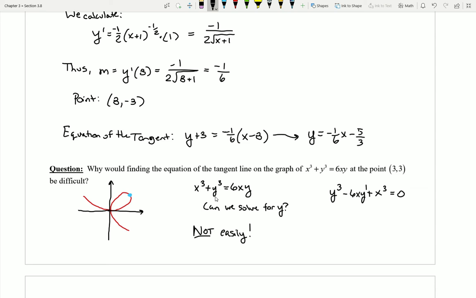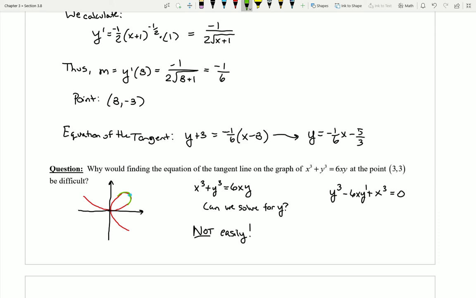And there may even exist other sorts of curves where it is maybe even impossible to solve for the variable that I want and then try to figure out what a formula would be for a little portion of our function or a little portion of our curve that maybe goes through our particular point of interest.